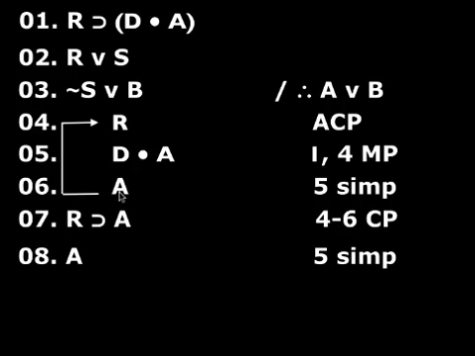Any lines I derive only from lines I already know to be true, I know are going to be true. Well, I don't know if R is true, so I don't know if D and A is true, and I don't know if A is true. Because this was an assumption, and these were derived in part on the basis of that assumption. So all of these things are suspect.